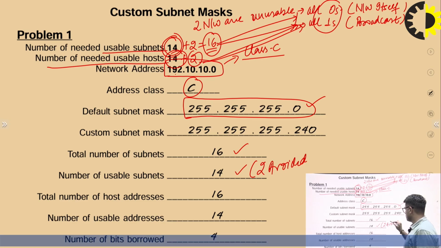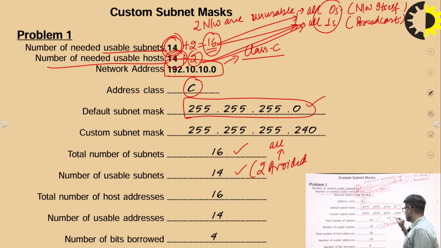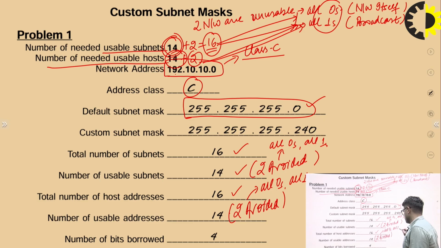Which ones? All zeros, all ones. Similarly, number of host addresses, again 16, here it is 14, again because we have 2 avoided. Which ones? All zeros and all ones.